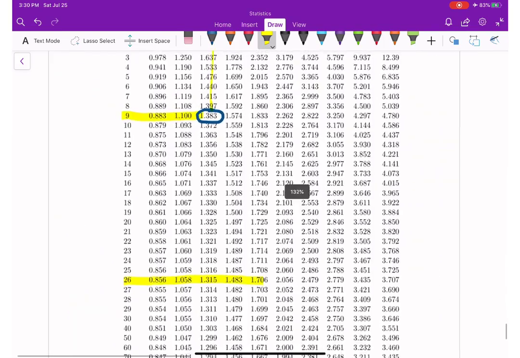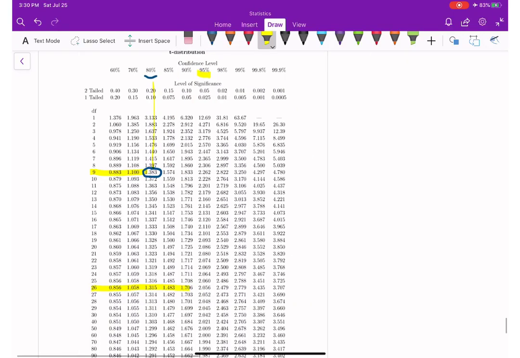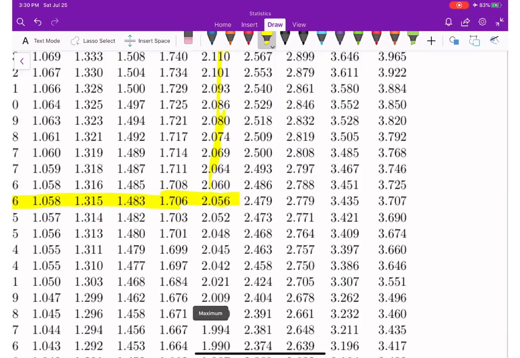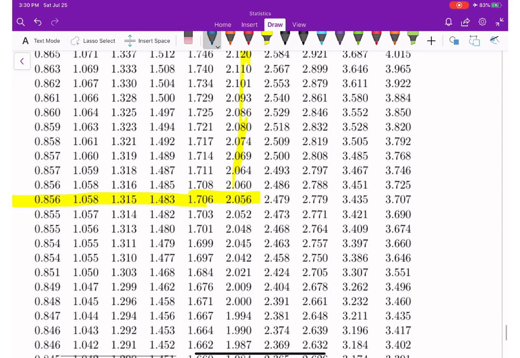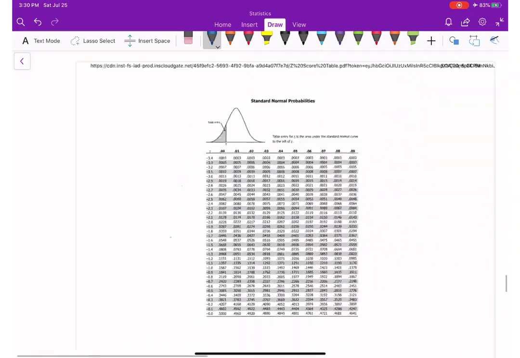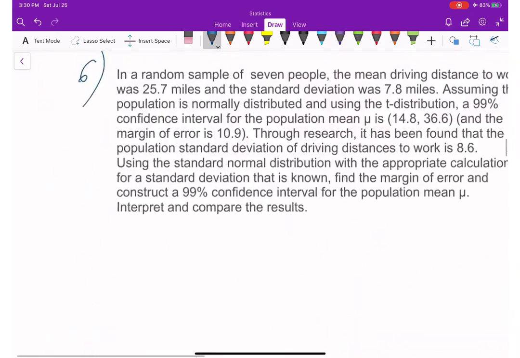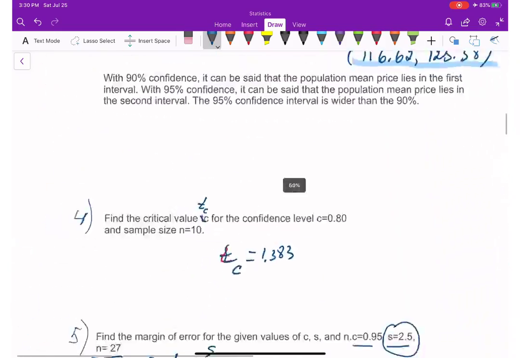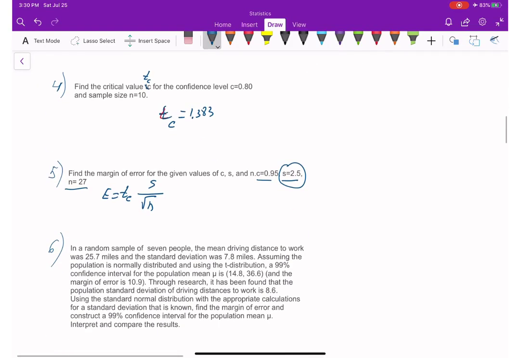How far is it coming? Okay, I'm coming till here, right? 2.056. So t critical is 2.056.